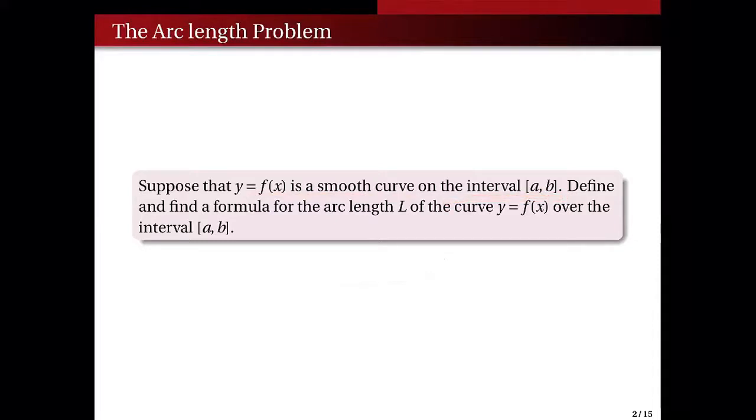Our goal is to define and find a formula for the arc length of the curve over the interval a b. In here I am introducing the word smooth. When we say smooth, graphically you can think of this as some curve in the space that does not have any cusp or pointed part.